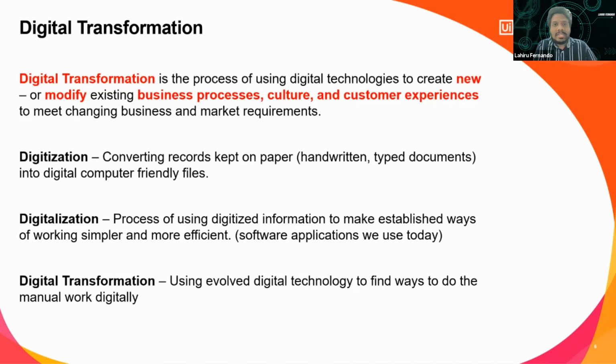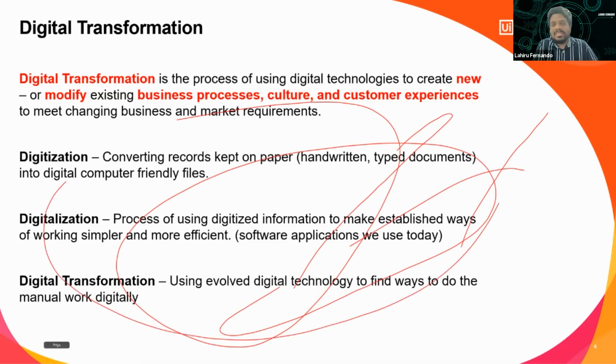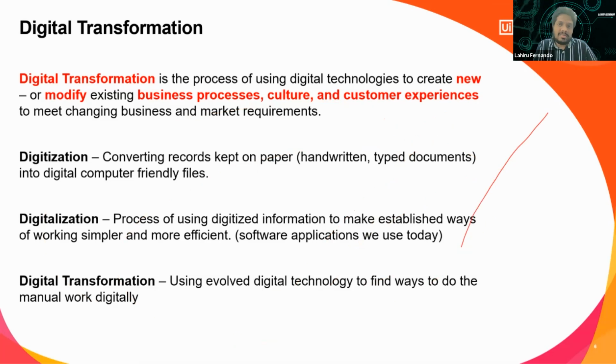And doing some change, and especially introducing automation, may cause a little bit of problem because they might think that people are going to lose their jobs and things like that. So you need to have a proper strategy to introduce digital transformation to your organizations.